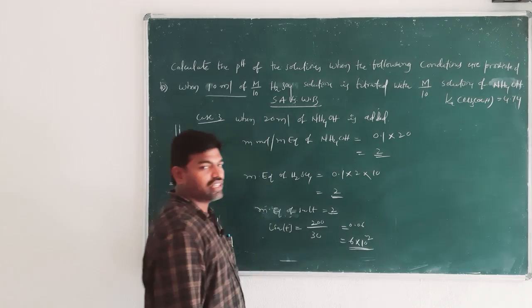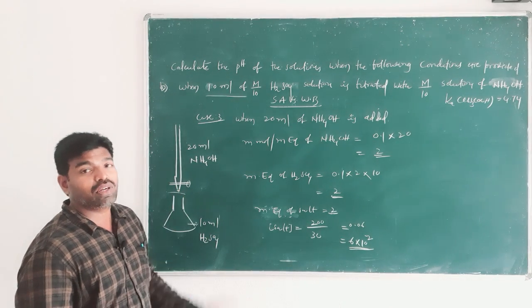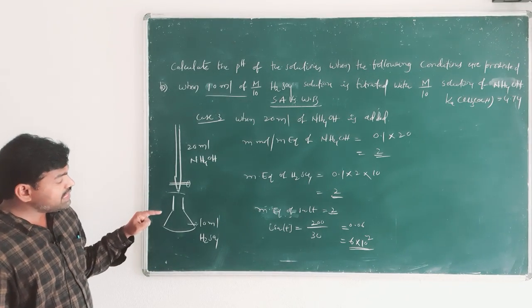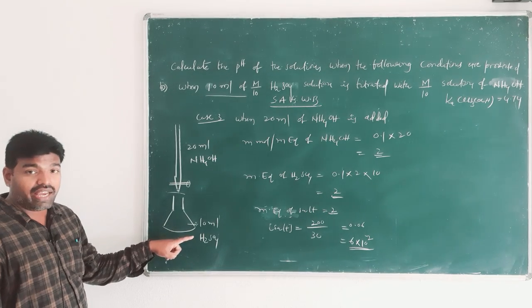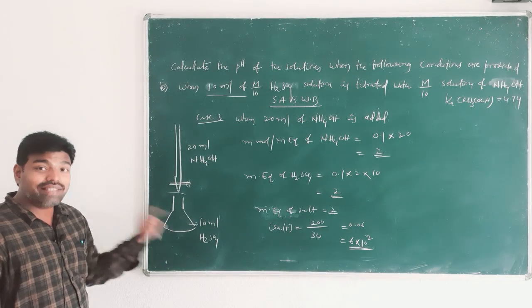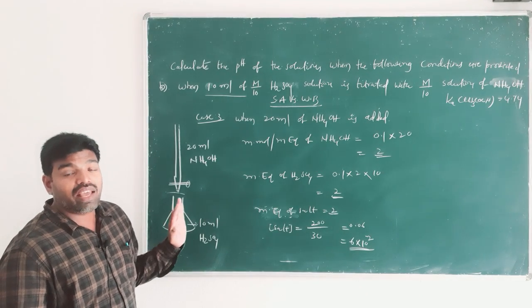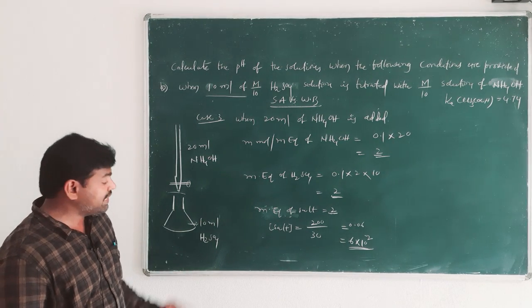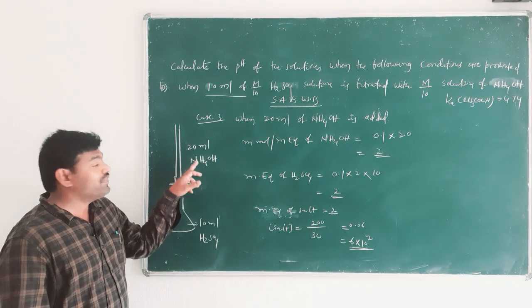Whenever a salt is formed, already I told you, you should consider which is strong in this combination. Acid is strong. So, we should use the salt hydrolysis formula for a strong acid, weak base.